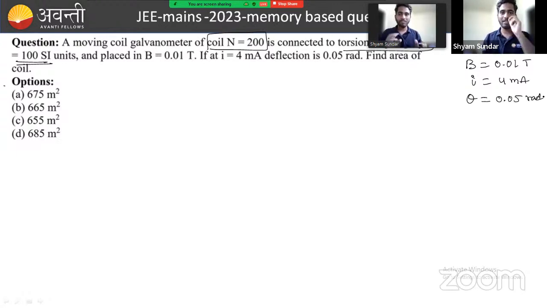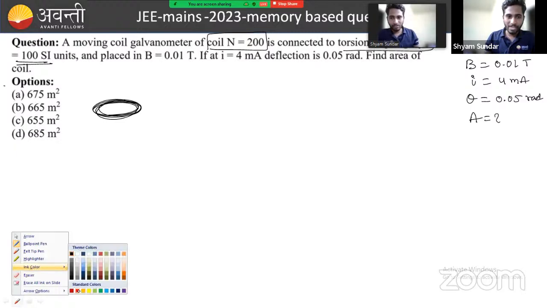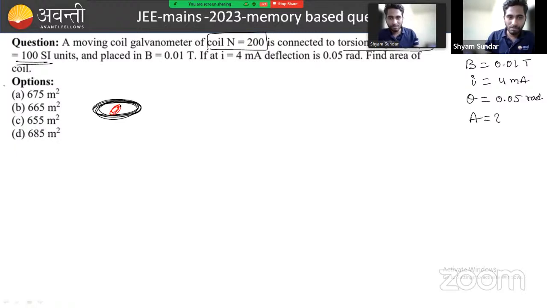Find the area of the coil. Guys, you might remember. We need to calculate the area here. This is actually a number of turns wound like this. Here this is the number of coils. Now in between that we'll place one spring.